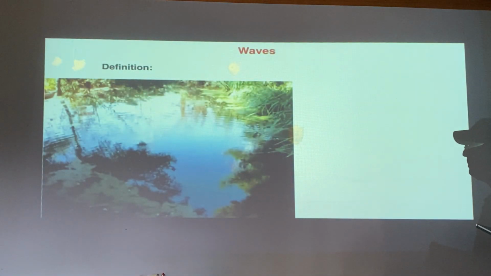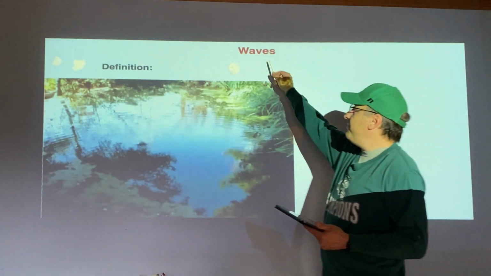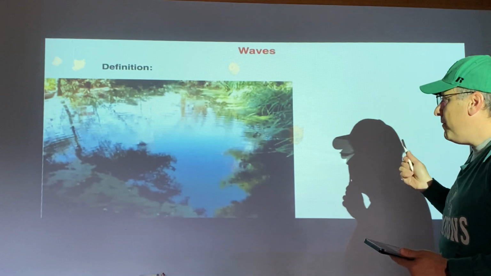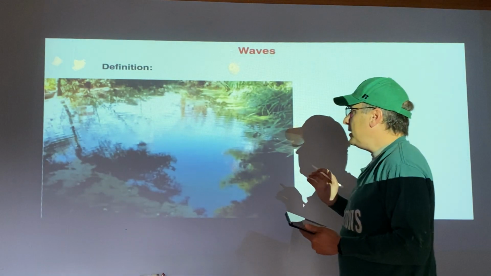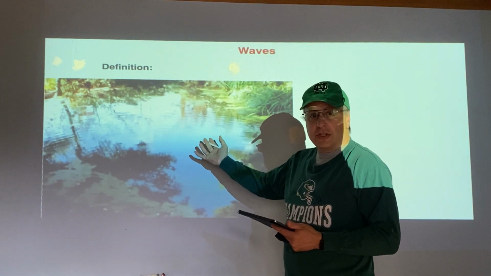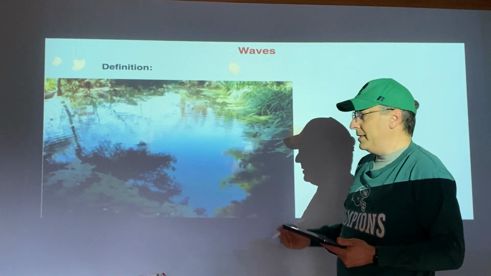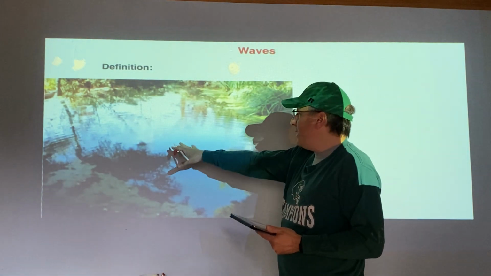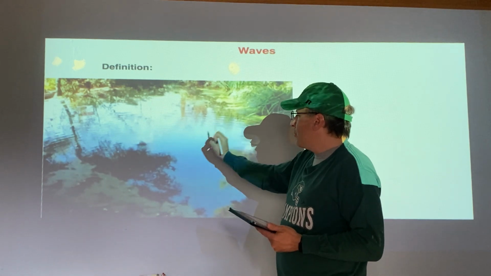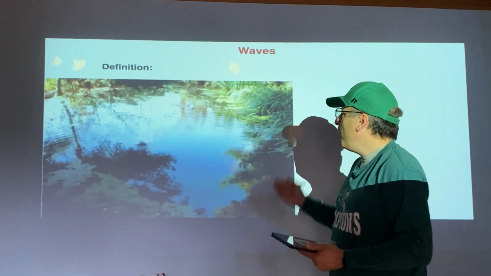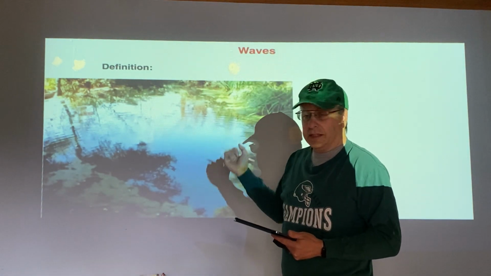Okay, so I want to start out by making sure you guys understand what a wave is and what a wave is not. So a wave, by definition, is the propagation of a disturbance through space and time. Let me explain what that means. To start a wave in this water, we need to drop something into the water. That's our disturbance. Waves start with a disturbance.